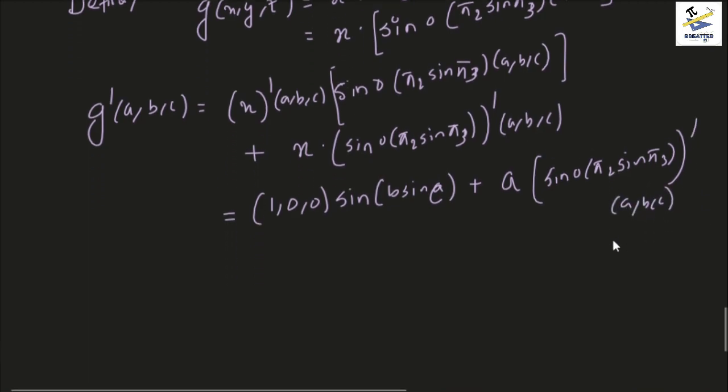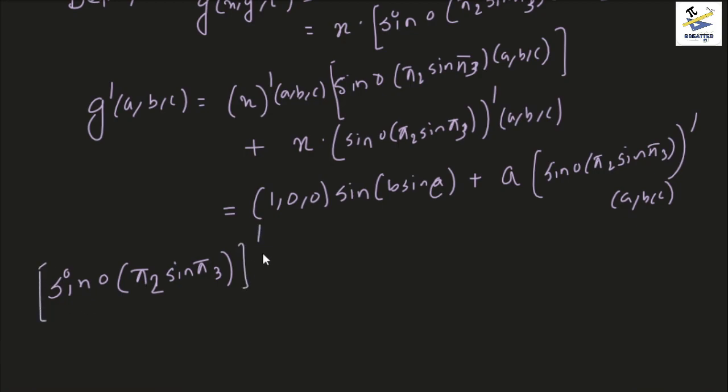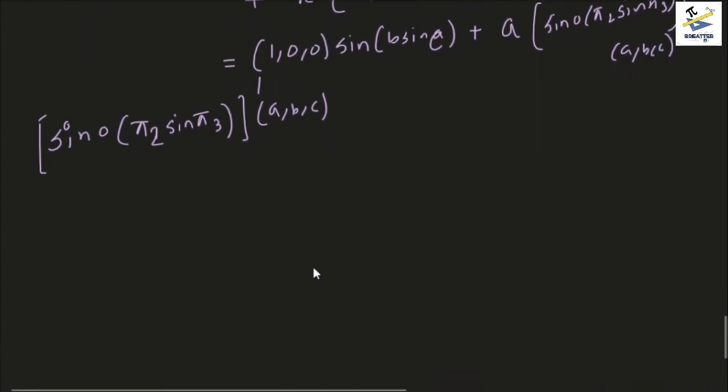Now let us evaluate this separately. Let us evaluate that sine of pi 2 sine pi 3, this thing's derivative at the point a comma b comma c, right? What we can do here is as follows.